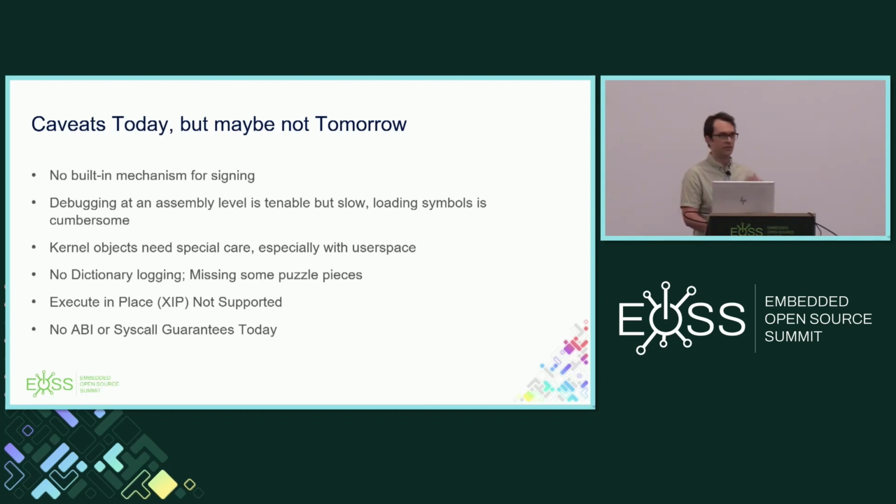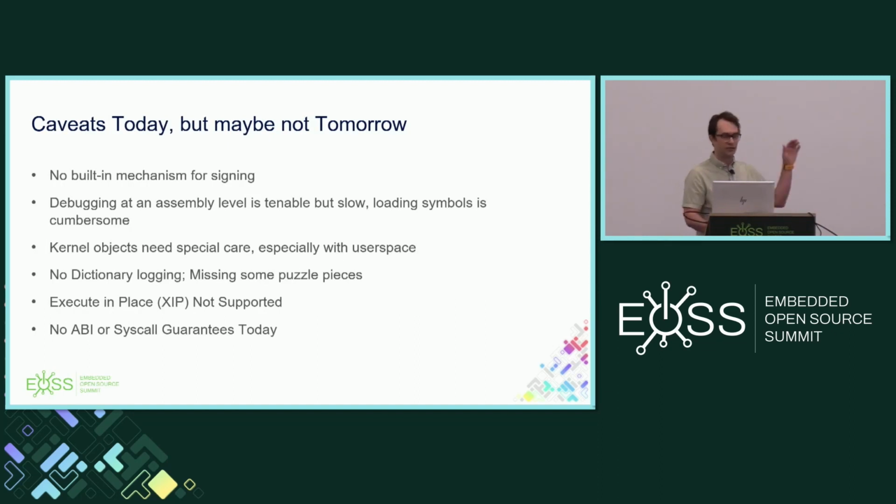And probably one of the things that I really look forward to, or I'm trying to work on next, is at least having some stability in terms of ABI and syscall guarantees. Each time we build today, the syscall IDs change. So if you did want to use user space with this, you have to be pretty careful not to change your base firmware build where it will change the syscall IDs.